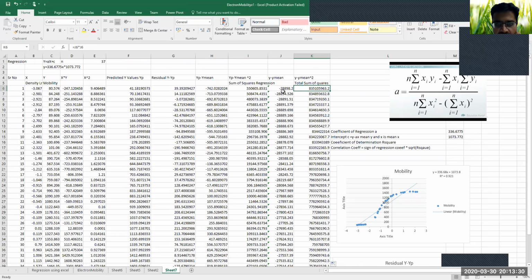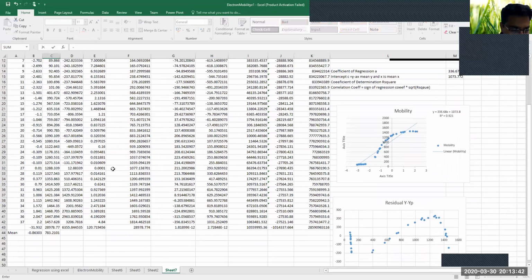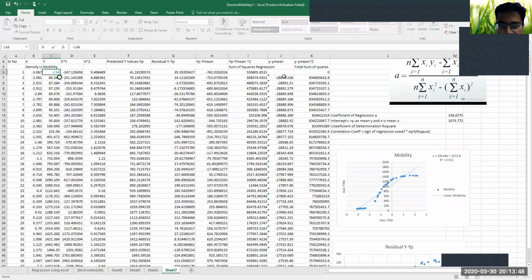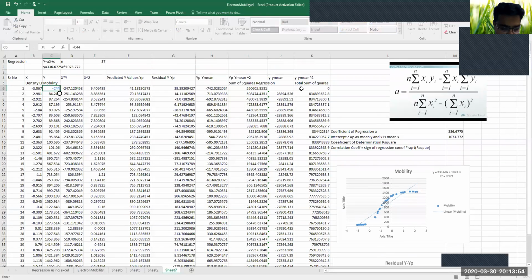Okay, so we made a mistake somewhere here. So let me put a formula again here. So this is y minus y mean. So y mean is this, so then C44. So here we made a mistake.